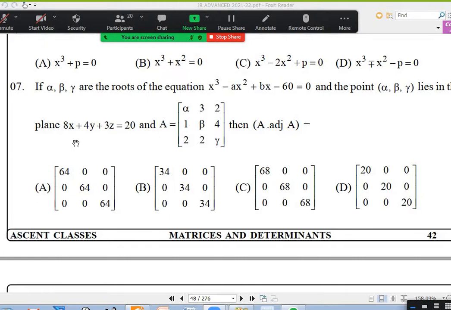So you can substitute x as alpha, y as beta, z as gamma. 8 alpha plus 4 beta plus 3 gamma will be directly 20. And in the cubic equation, alpha, beta, gamma are roots of x cube minus a x square plus b x minus 60 equal to 0.